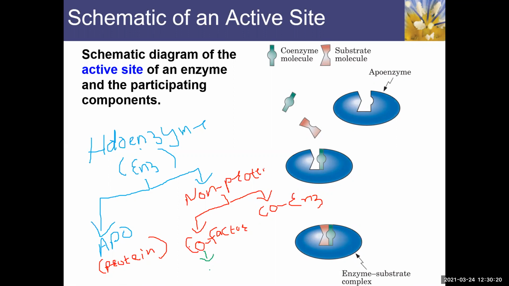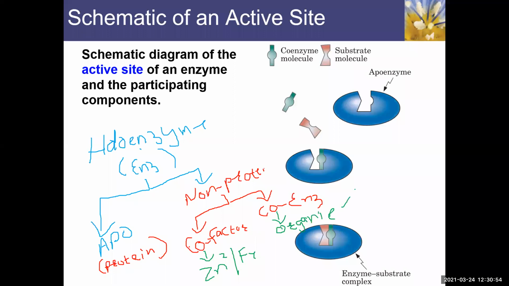For example, sometimes you need to have a zinc associated with the enzyme, then only the enzyme is active, right? So when you have, for example, zinc or iron, which is not an organic part, then we call it a cofactor. But coenzyme is always and always and always an organic molecule. Coenzyme can never be a metal, it is always an organic molecule.